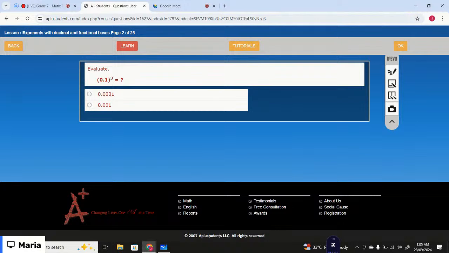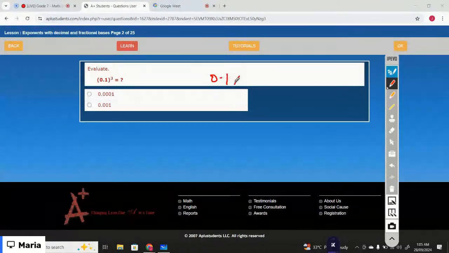Okay, the next one is evaluate 0.1 exponent 3. So you have to do 0.1 times 0.1 times 0.1. So which is the correct option?